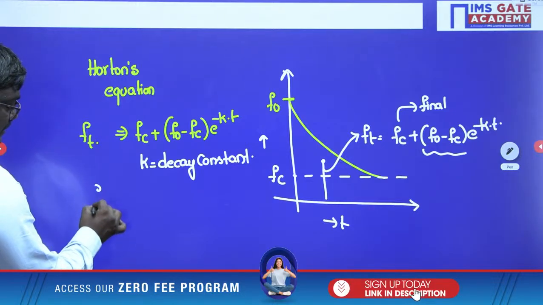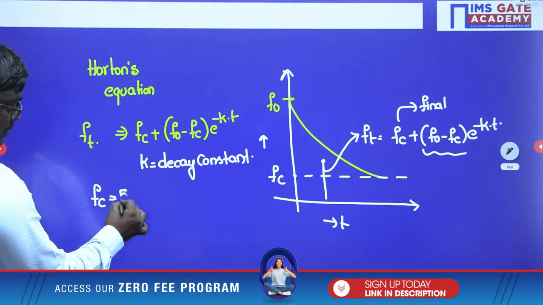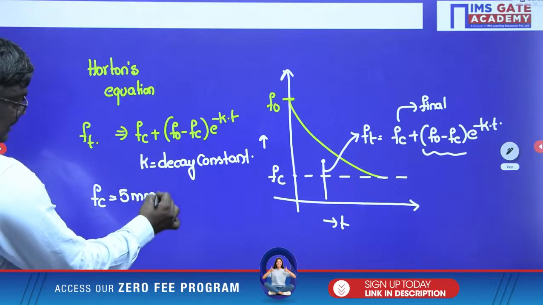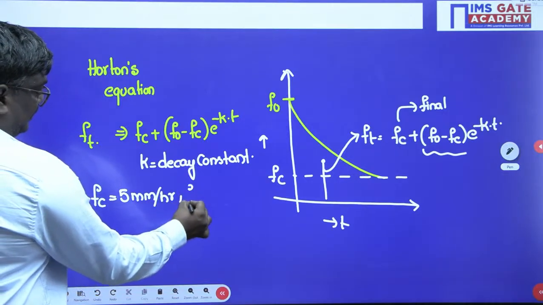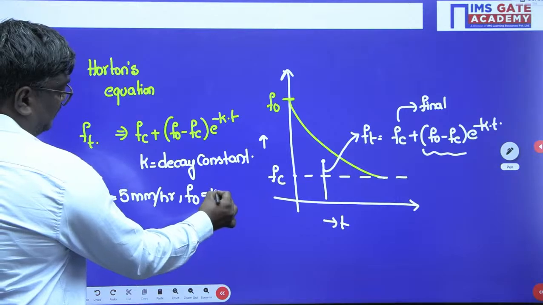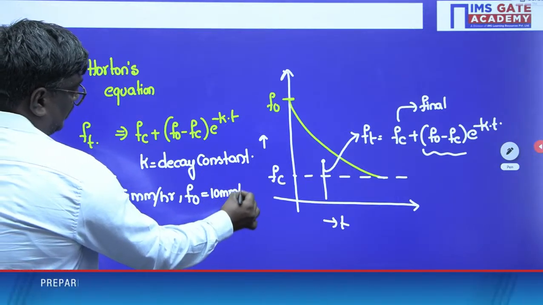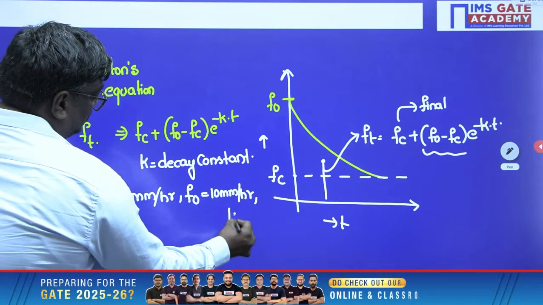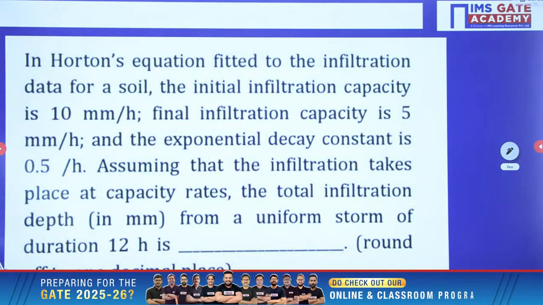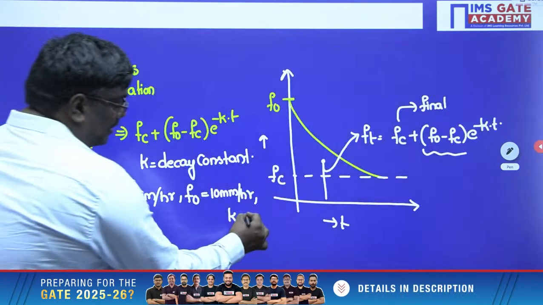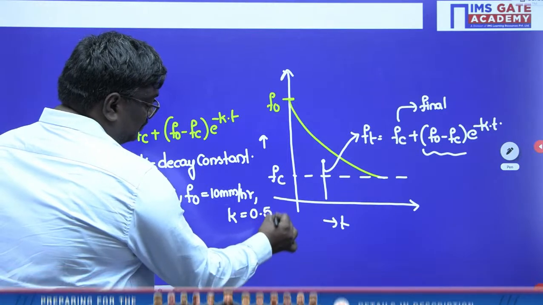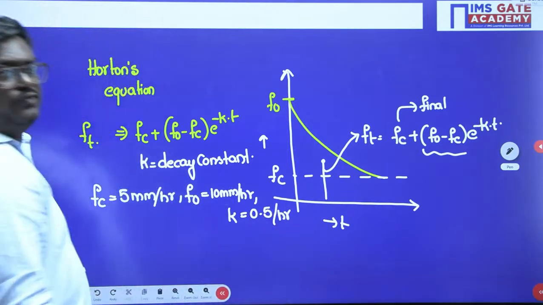Fc is equal to 5 mm per hour intensity. And F naught is 10 mm per hour. And K is equal to 0.5 per hour. Now, my dear students, first form the equation.